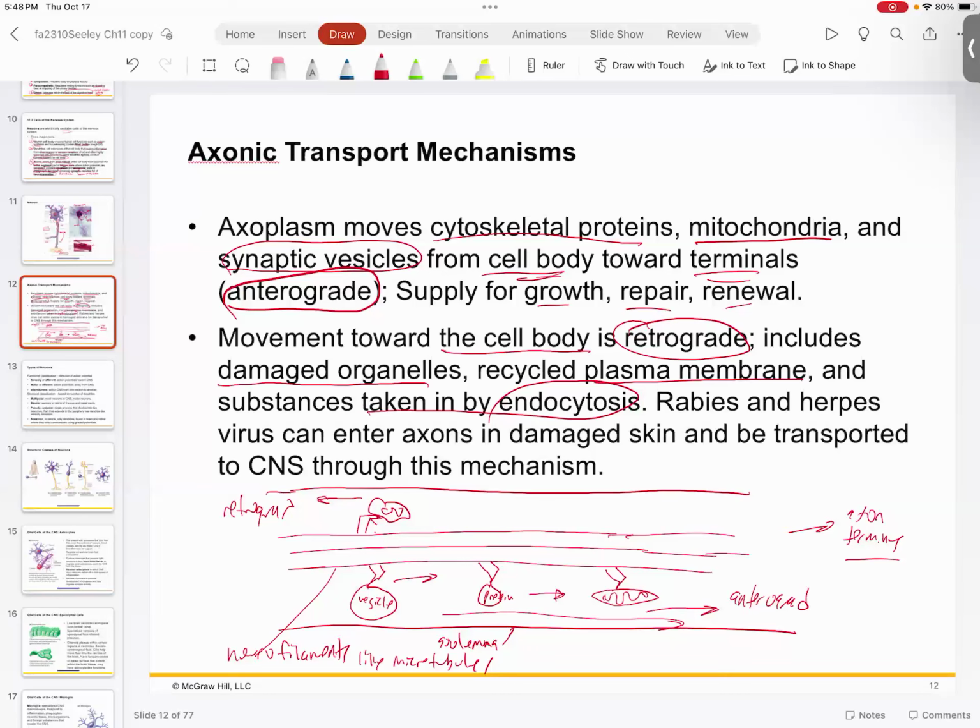So that's your retrograde. You're taking stuff that you collect at your axon terminus and bringing it back to the cell body, and they're moving supplies that are needed out to the axon terminus. So there's a back and forth going on.